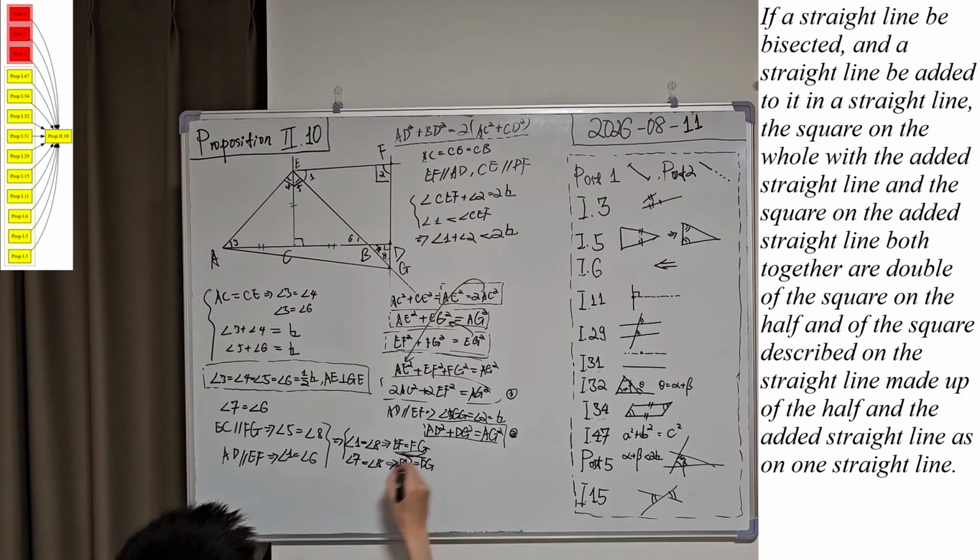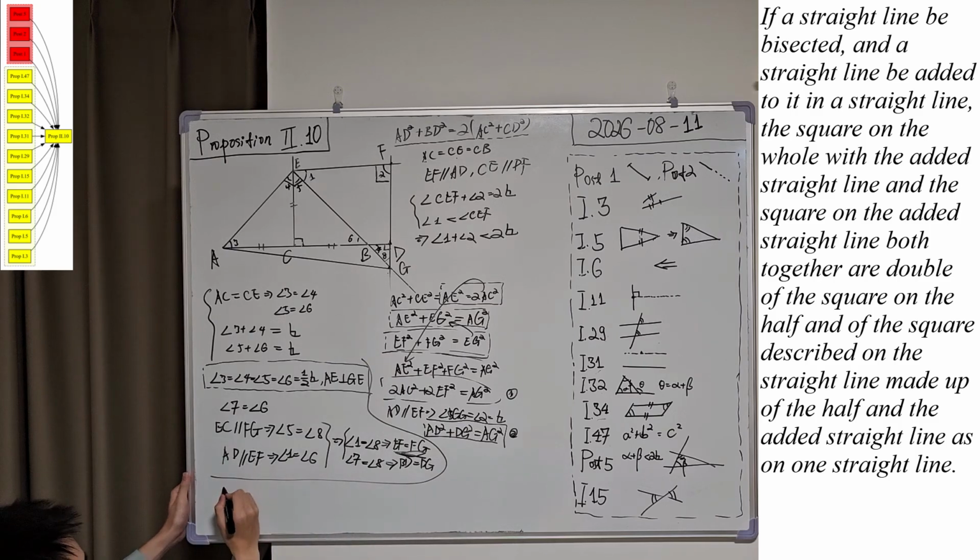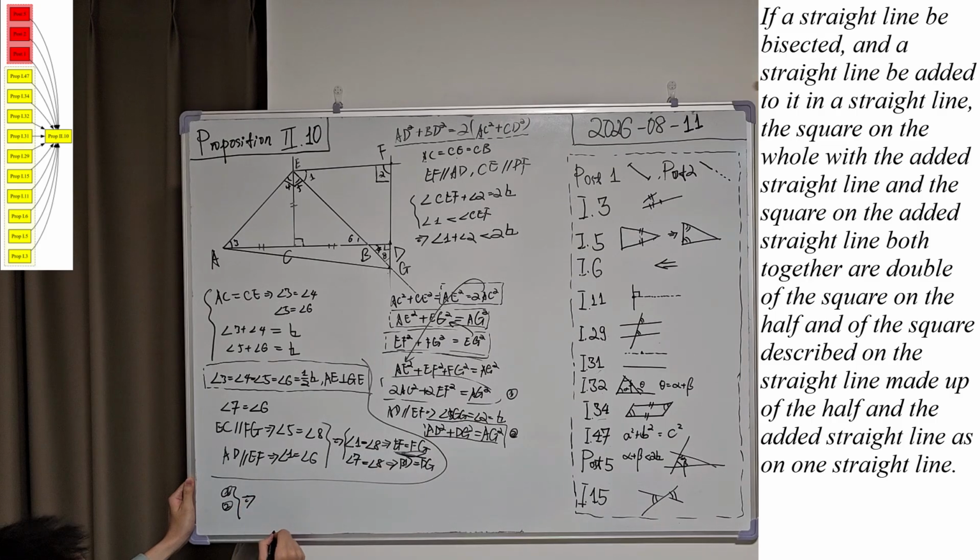So it means, let me write it here, combining 1 and 2, we have twice AC square plus EF square are equal to AD square plus DG square.